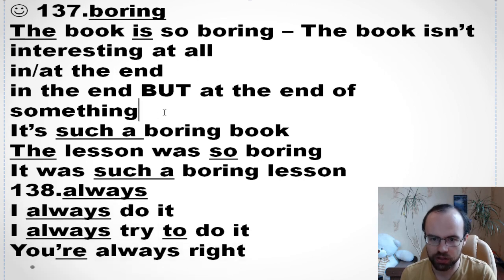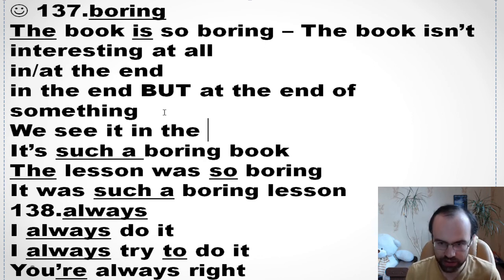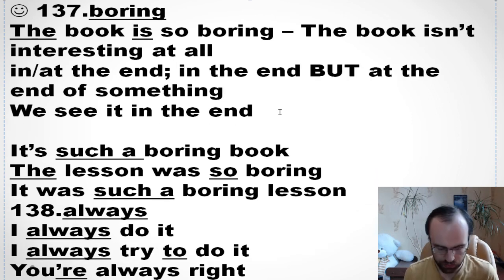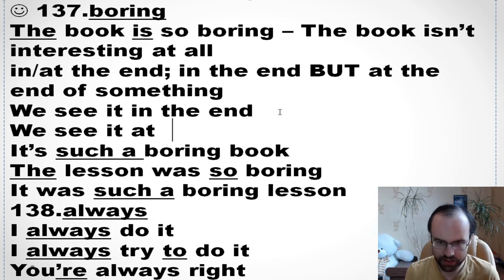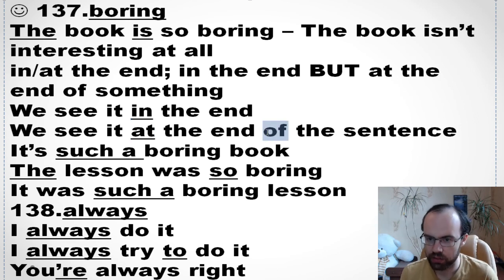Okay? Good. We see it in the end. But we see it at the end of the sentence. Okay? So we see it in the end, or we put it in the end, or we see it at the end of the sentence. Why do we have at? Because we have of. We see it at the end of the sentence.